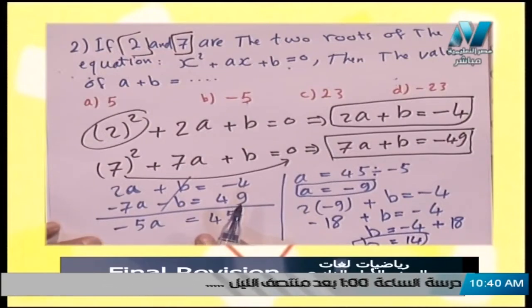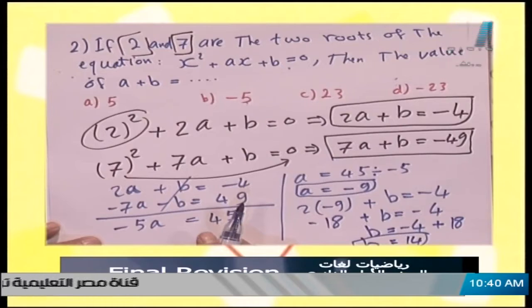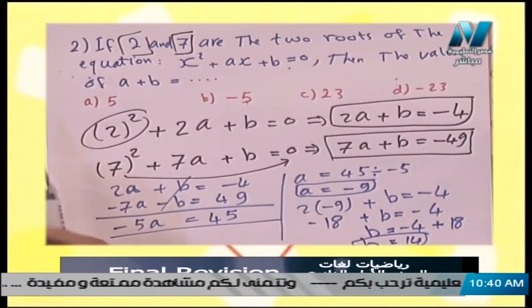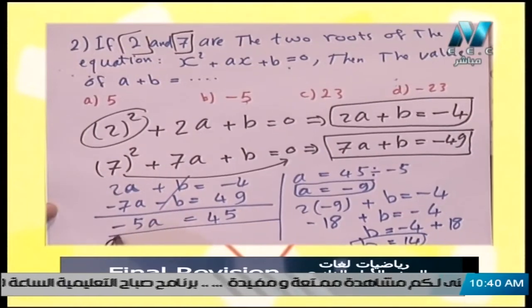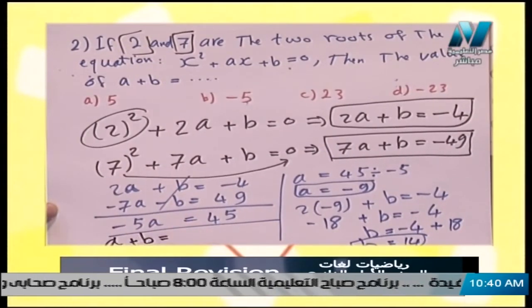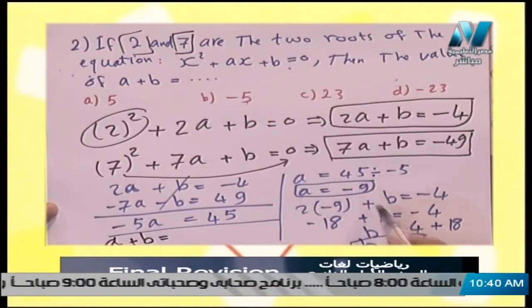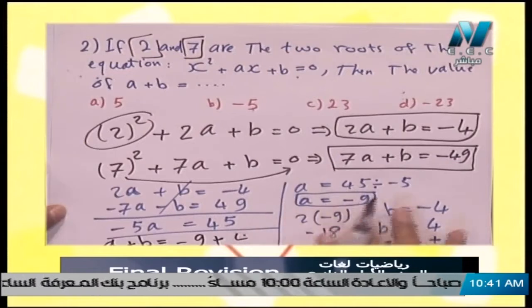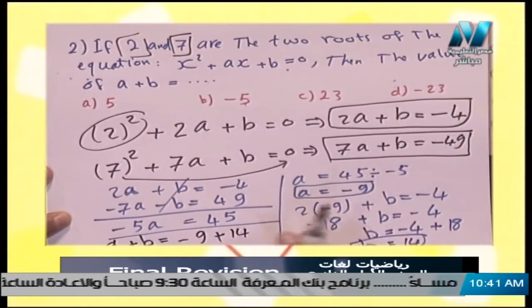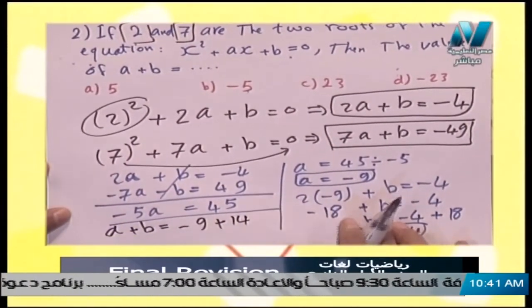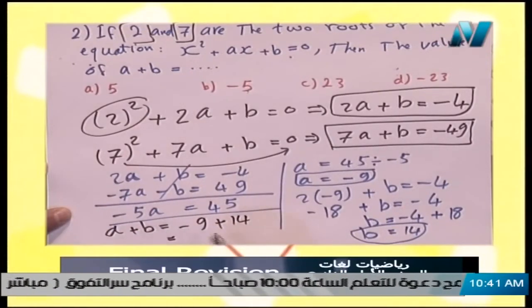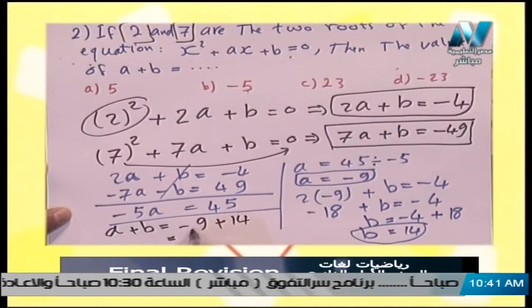Okay. We would like to find a plus b. a plus b equals negative 9 plus b, which is equal to 14. So negative 9 plus 14 equals 5.